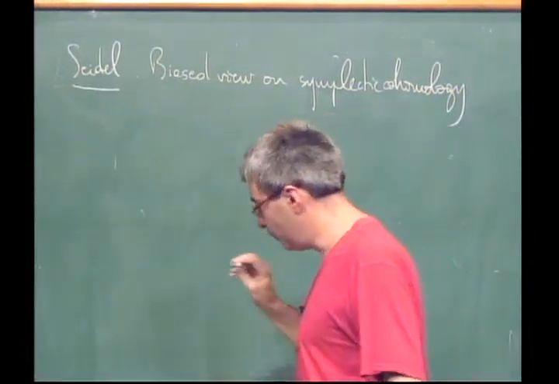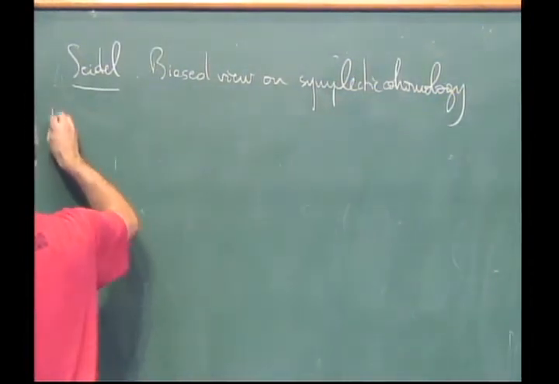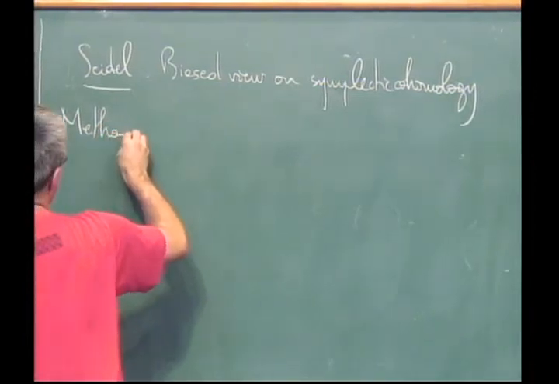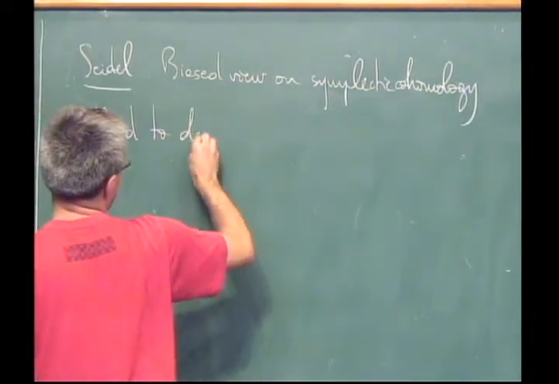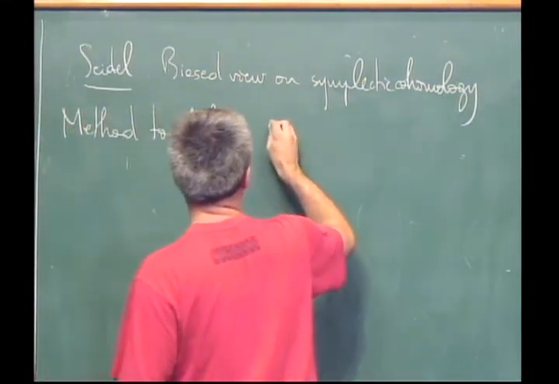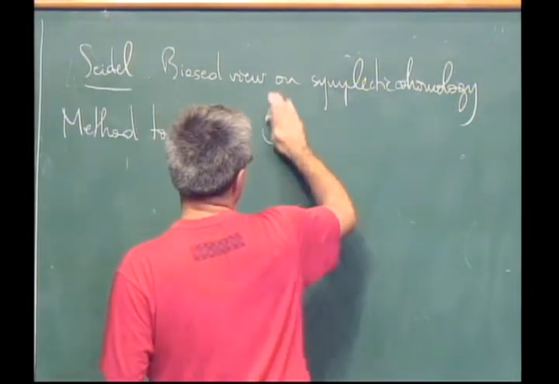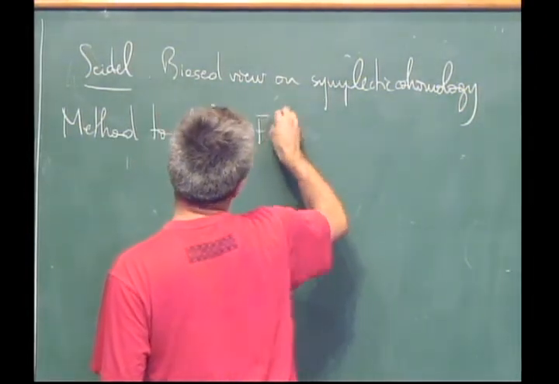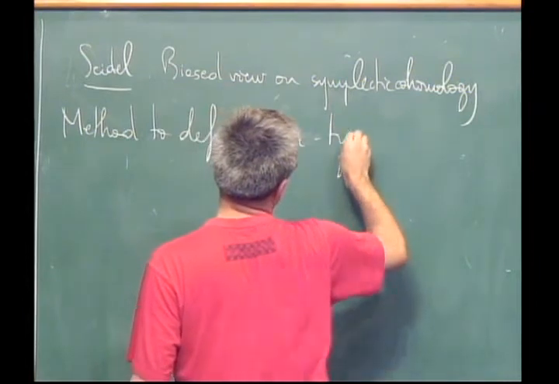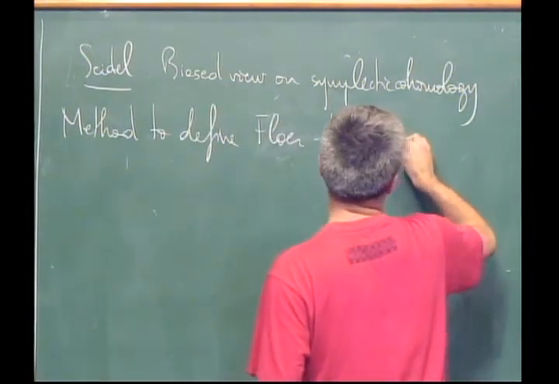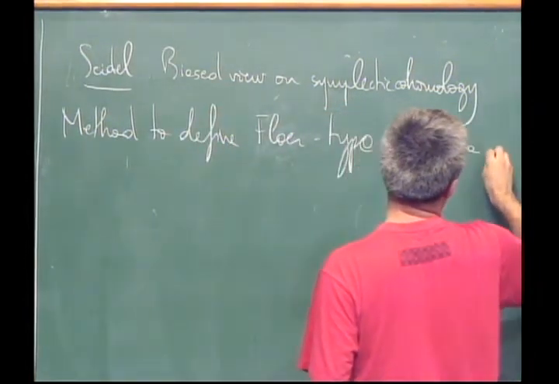He defines a Cauchy-Riemann equation: I'll write a Floer type equation on a punctured Riemann surface.